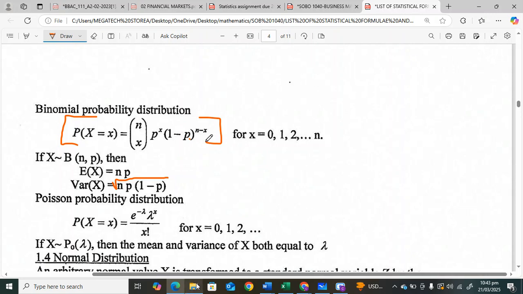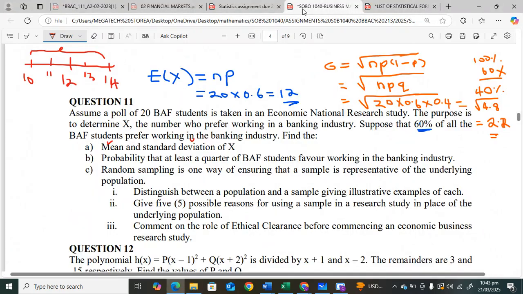The next part reads the question: find the probability that at least a quarter of BAF students favor working in the banking industry. First things first, we need to find out what is a quarter of 20.